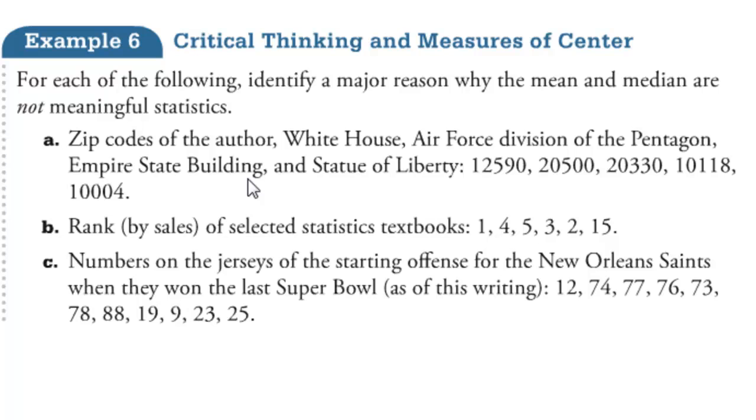Numbers on the jerseys of the starting offense for the New Orleans Saints when they won the last Super Bowl, as of this writing. Okay, why would we not calculate a mean or median for this? Okay, it's categorical data. It's just a label to identify the player. Okay, very good.